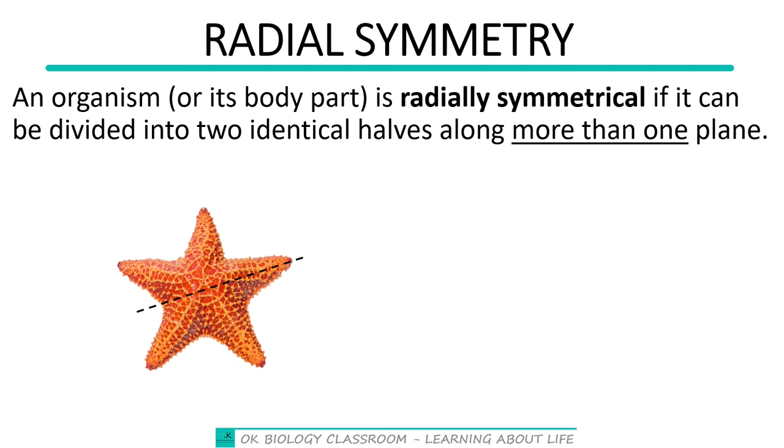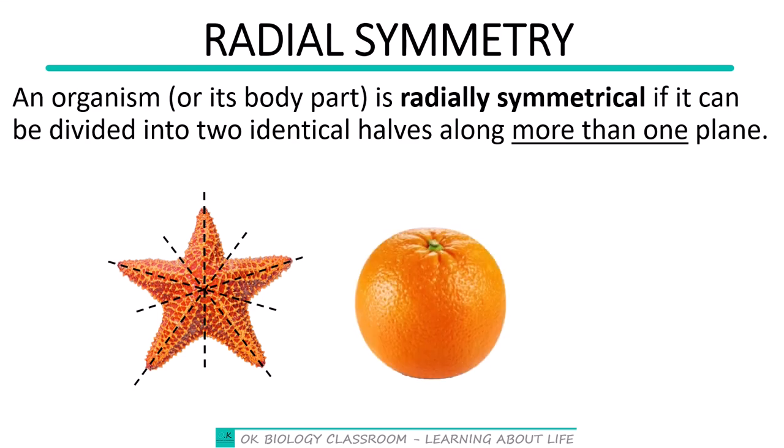And we are going to have them identical. Or we can use this line. We can also use this line. Finally, we can use this line. Right. So there are so many lines of symmetry, more than one. So it makes it radially symmetrical.